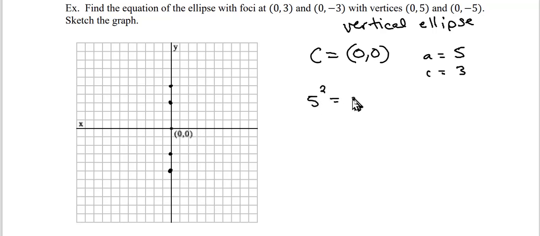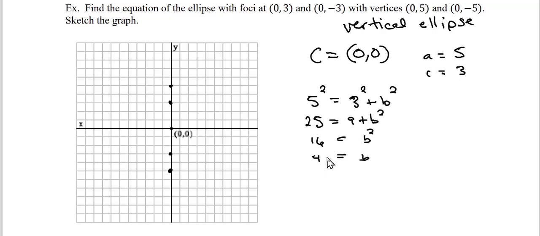The biggest distance has to be by itself. So 5 squared equals 3 squared plus b squared. That means 25 equals 9 plus b squared. B squared equals 16, so b is 4.